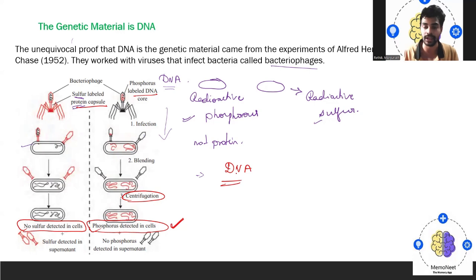Even in theory, if they ask you to write about a genetic material experiment, most students get confused between two things: the R strain and S strain experiment, and the Hershey-Chase experiment. They interchange them and write a different answer. So make sure that you are clear with the concepts.